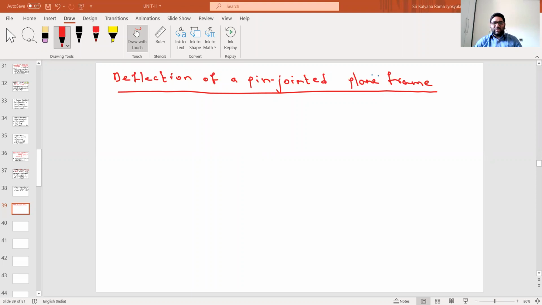Normally we see trusses in civil engineering applications, to be more precise, for bridge structures.